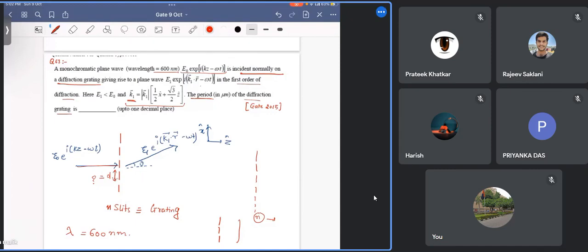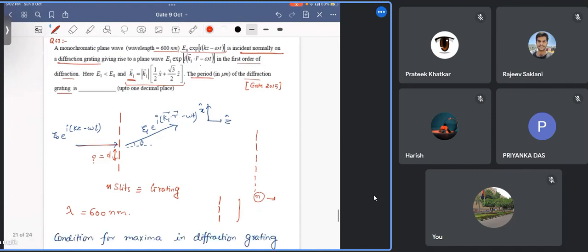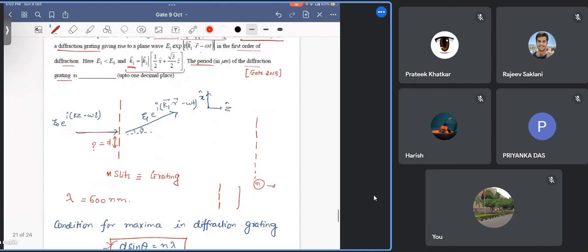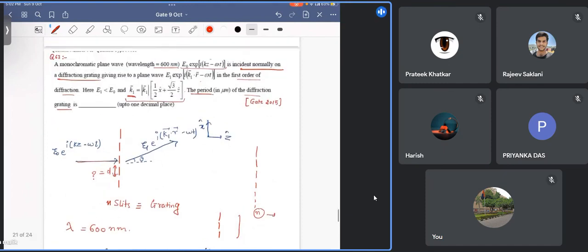Let's say the incident wave is in the Z direction, and you have a wave moving in the direction K1, which has both X and Z components, making an angle theta.